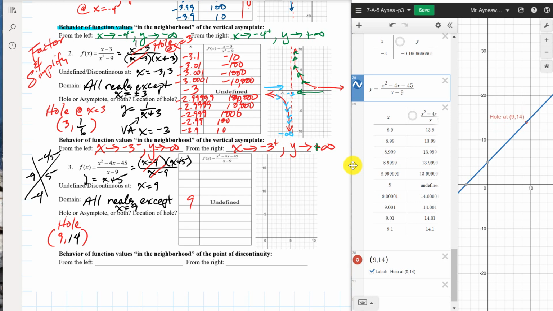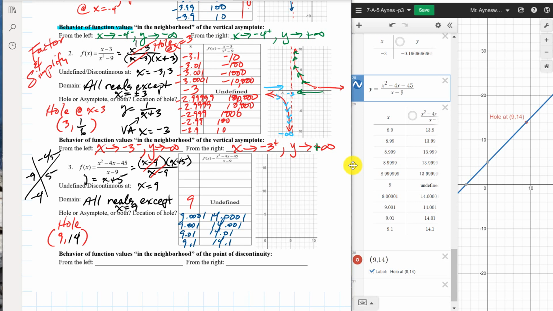We just have to put those values in. At 9.1, we get 14.1. At 9.01, we get 14.01. 9.001 gives 14.001, and 9.0001 gives 14.0001, and then the pattern continues.